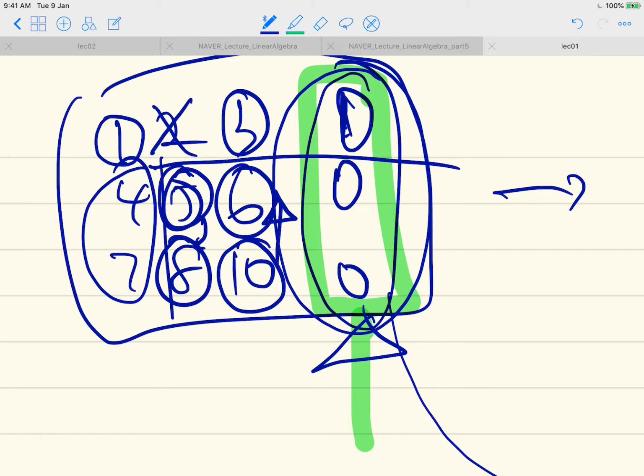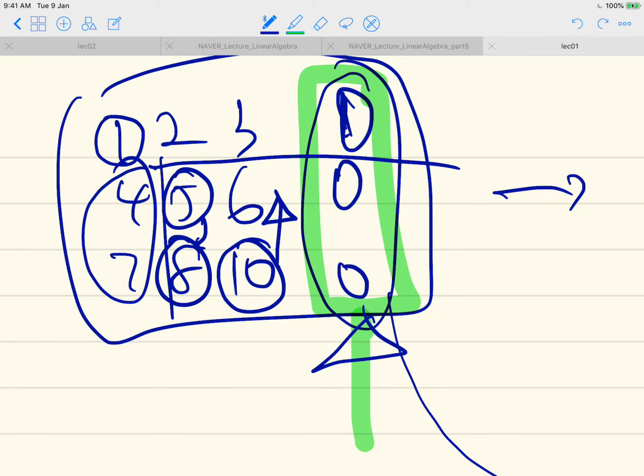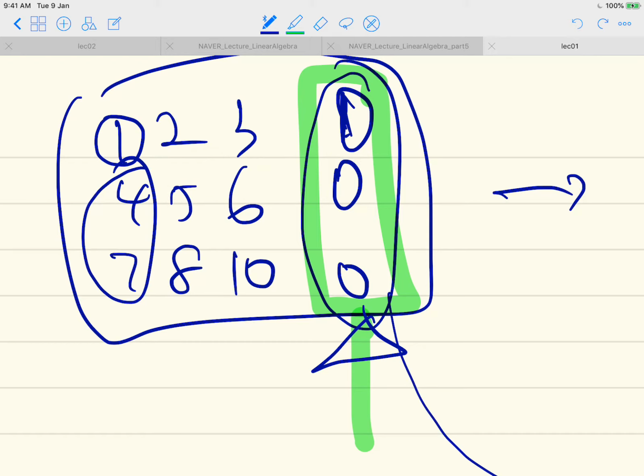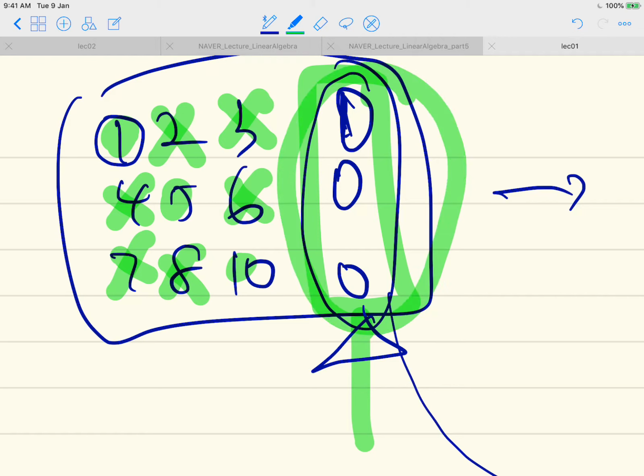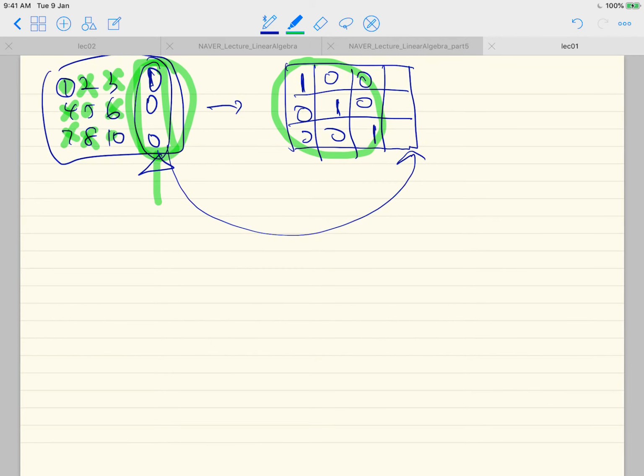Because the forward process is all done by using this entry and this entry, then removing this, and this, and this, right? So whatever vectors we have in the rightmost columns will have no effect. My point is that this part is always the same. Okay, always the same.